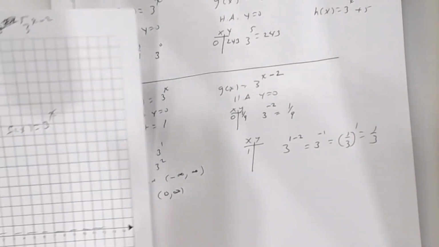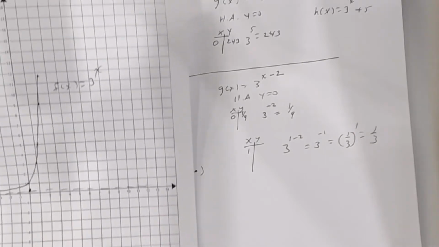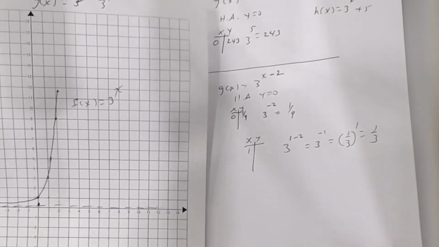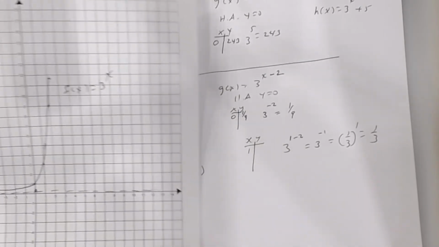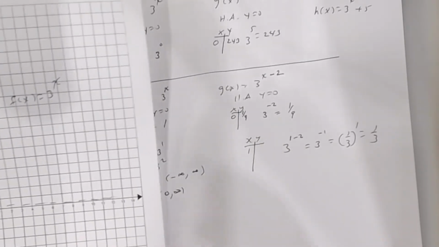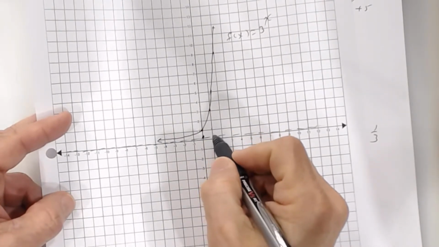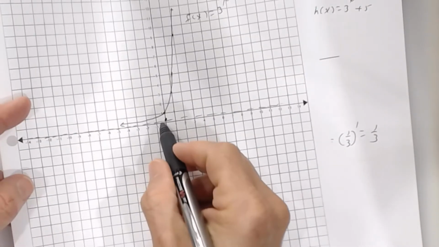Now, if you use your calculator, it's no big deal. You'd say 3 to negative 1, you'll get a decimal 0.33333. You just have to convert that back to a fraction. So 1, 1/3, look at this. This was what, 1/9?